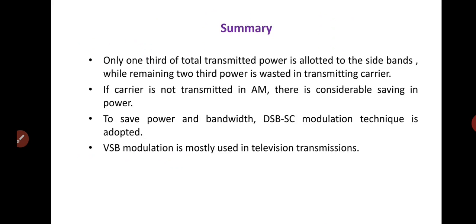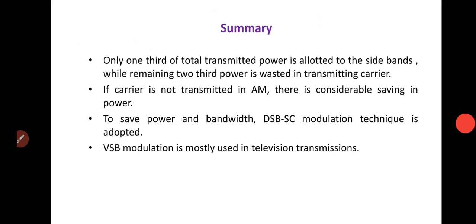Only 1/3 of the total transmission power is allotted to the sidebands, while the remaining 2/3 is vested in transmitting the carrier. If the carrier is not transmitted in amplitude modulation, there is considerable saving in power.